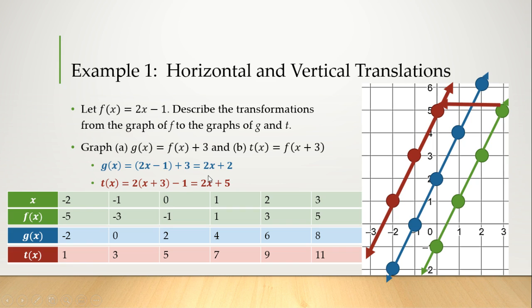Now, if the input is now a 3, then it works like this. For f of x, an input of 3 gave us a 5. We see that 5 happening here at 0 because everything in t of x is going to happen 3 sooner. Okay, we saw it happen 3 places earlier.